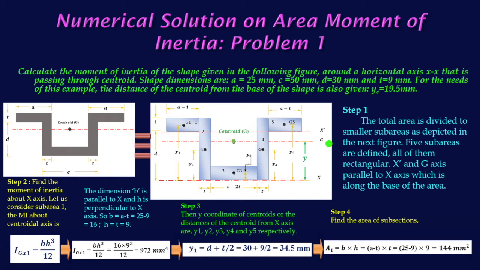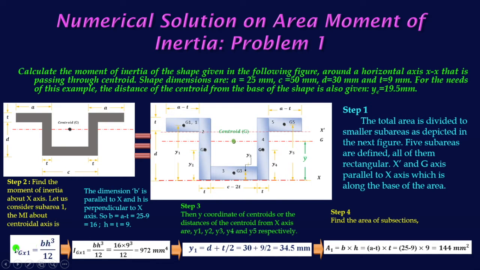Before going through that, at first we have to find out the individual moment of inertia of area 1, area 2, 3, 4 and 5. Now, how are we calculating that? Different steps I already have told you. So, in the next step, what we are going to do?